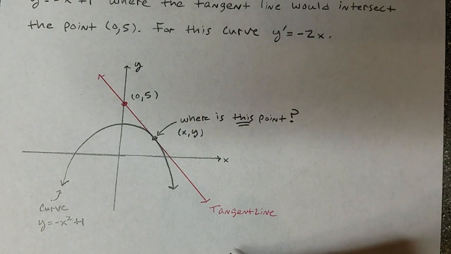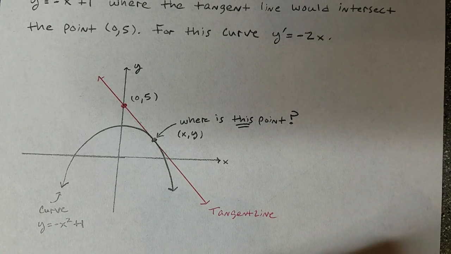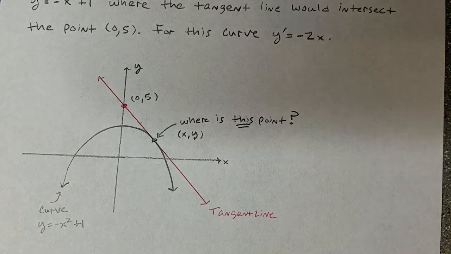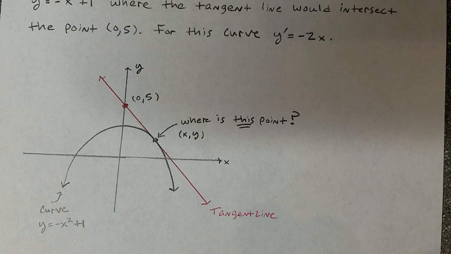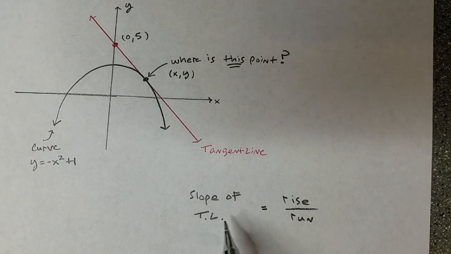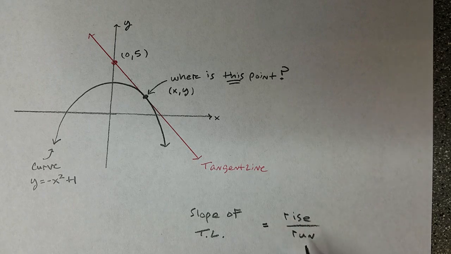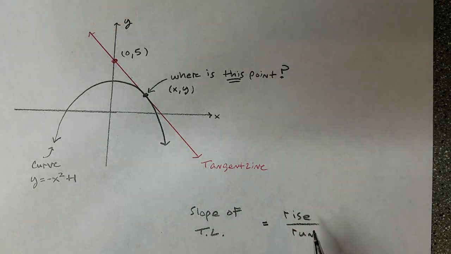We'll get kind of an equation that summarizes that. The slope of the tangent line that you see right there is equal to its rise over its run, isn't it? Because that's the slope of any line.